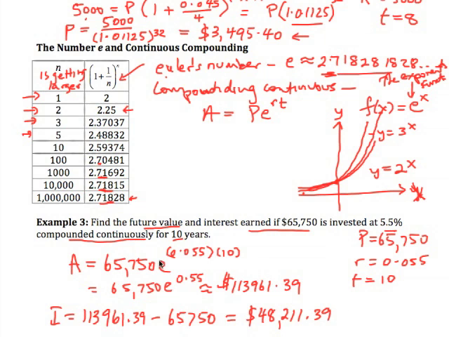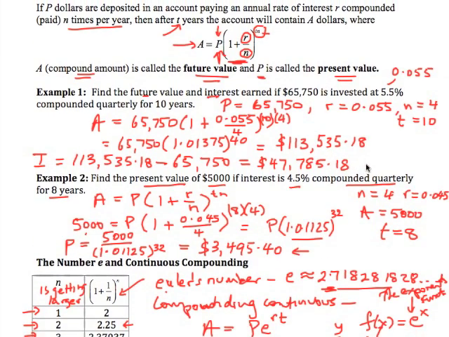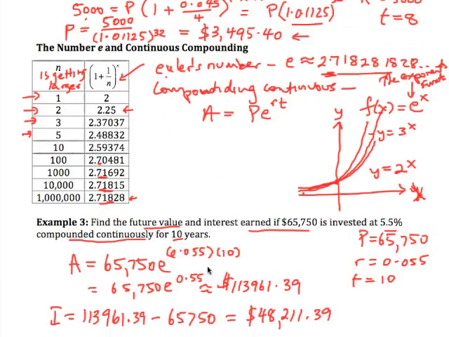And that's how we do a compounded continuously problem. You can see that it is a little better than just compounding quarterly, and we have less calculation really, because we only have two things to find: multiply the years times the rate, take e and raise it to that power, and then multiply by what we had to begin with, which is the present value.